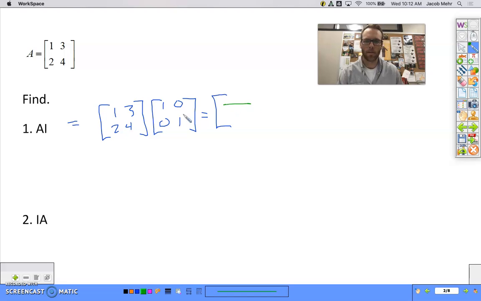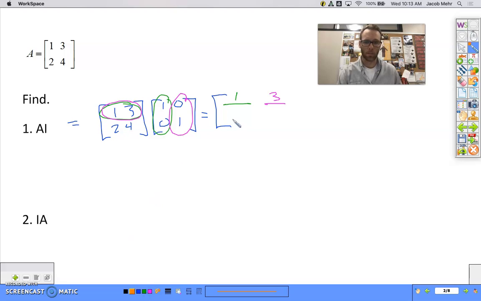Remember, to get your top left spot, you take your top row times your left column. And what happens here? We have 1 times 1 plus 3 times 0. Well, 3 times 0 is 0, so we just have 1 times 1, which is 1. Now, when we go to the top right, we take our top row times our right column, 1 times 0, which is 0, plus 3 times 1, which is 3.